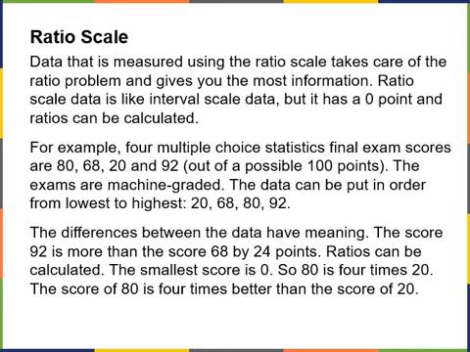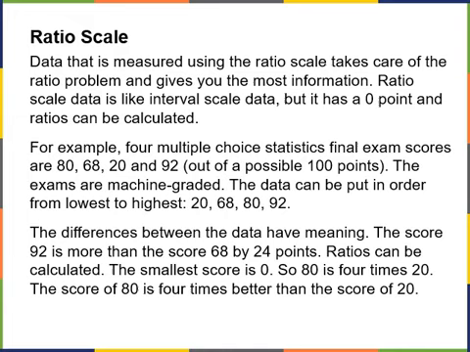Let's say the exams are machine graded. The data can be put in order from lowest to highest. The person with the 20 has the lowest score. The person with 92 has the highest score. The differences between these data have meaning. The score of 92 is more than the score of 68 by 24 points. Ratios can be calculated.